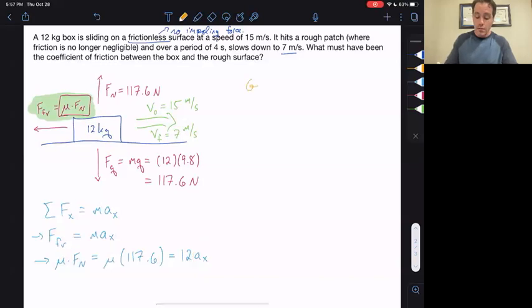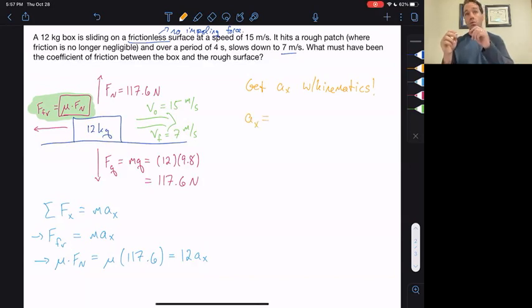So get a_x with kinematics. And here's how we're going to do that. You should at this point know that the acceleration, if it's constant acceleration, will be equal to the change in velocity over the change in time. The change in velocity here is 7 minus 15.